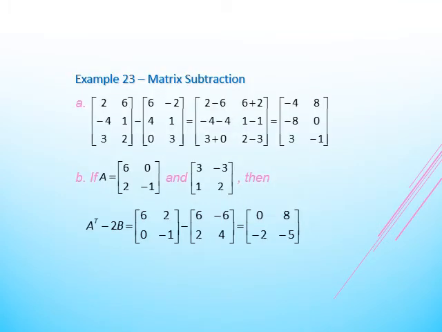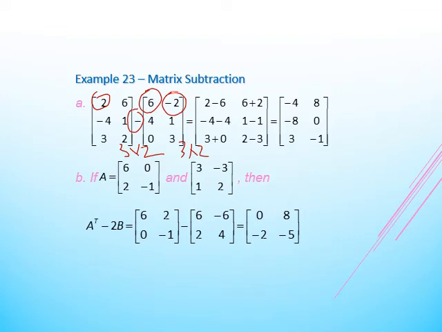Let's take an example. If you have two matrices, the first of size 3 by 2 and the second also 3 by 2, we can simply subtract them by subtracting each number from the corresponding number in the second matrix: 2 minus 6, 6 minus 2. Please take care with the negative sign of the number and also the sign of the subtraction, which is minus.